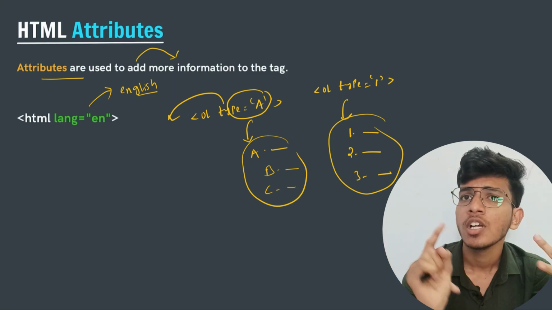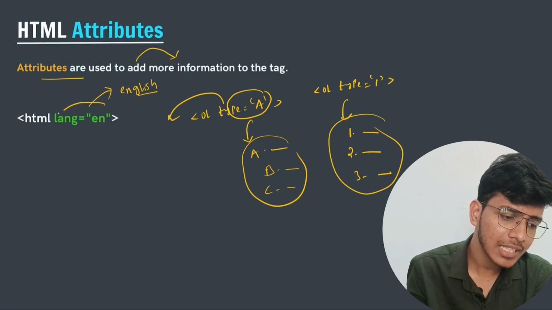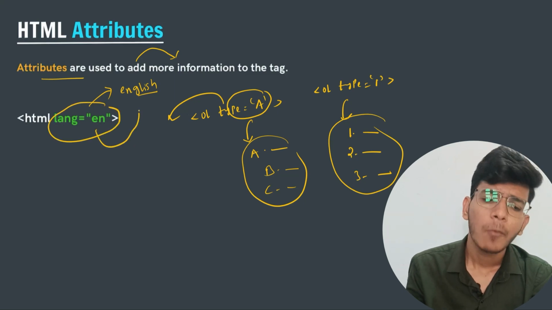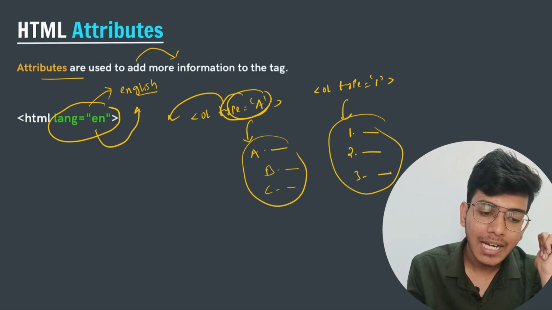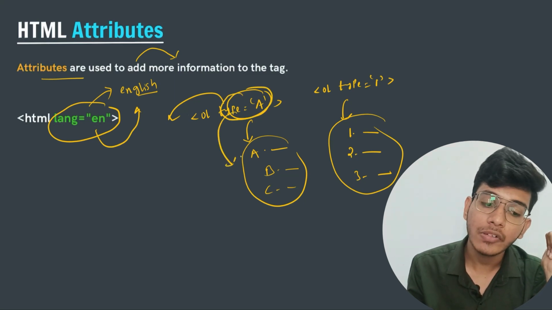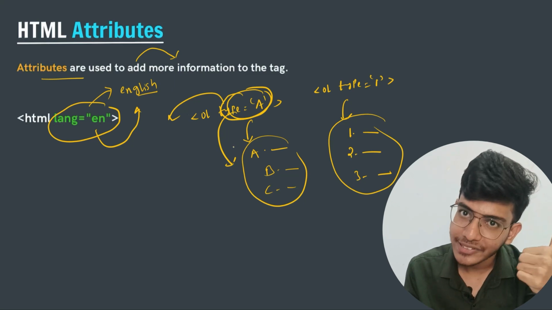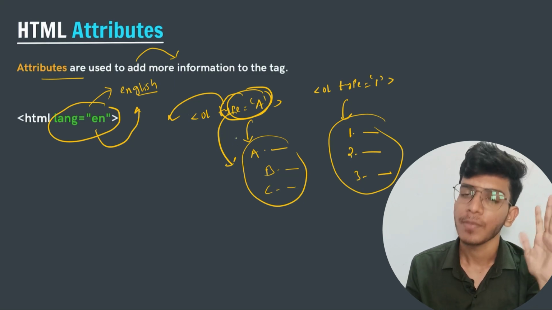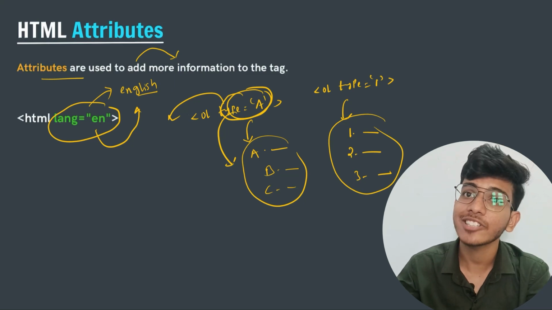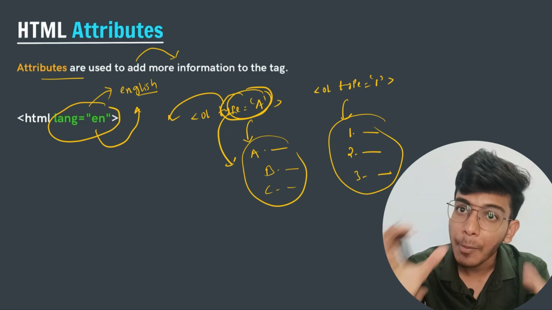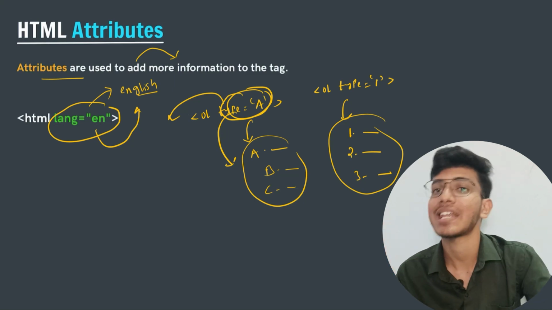Here you can see that it is giving additional information about what is the language of the HTML document. Here it is giving additional information about what type of ordered list it is. If it is A, it is a character list. If it is 1, it is a numbered list, ordered list. Like this, it is giving some sort of extra information about the tag. This is known as attribute.